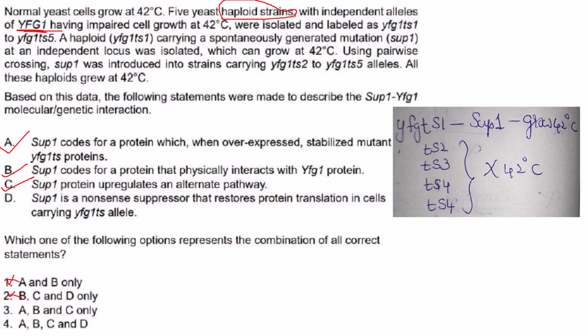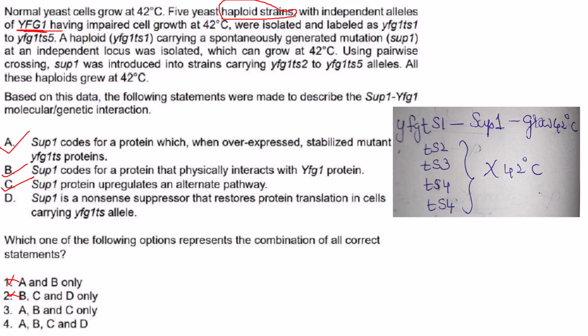But they have mentioned that YFG1 is having impaired cell growth at 42 degrees Celsius. That doesn't mean that they will not grow at lower temperatures. They are growing at lower temperatures. Only thing they are not growing at 42 degrees Celsius. Okay. They have become temperature sensitive.